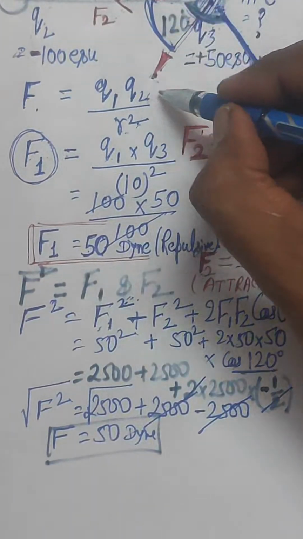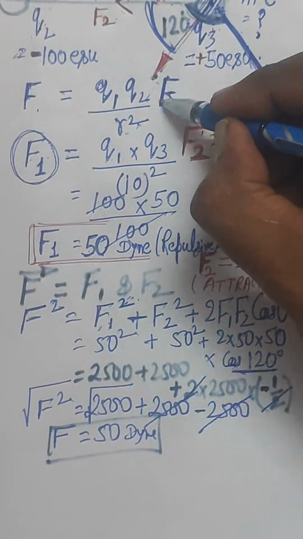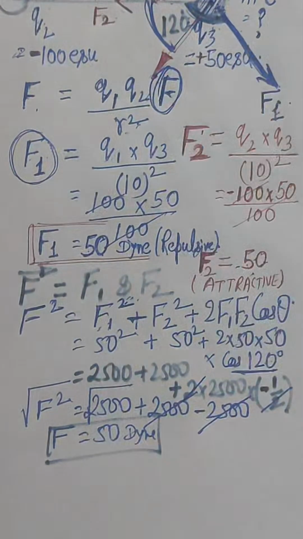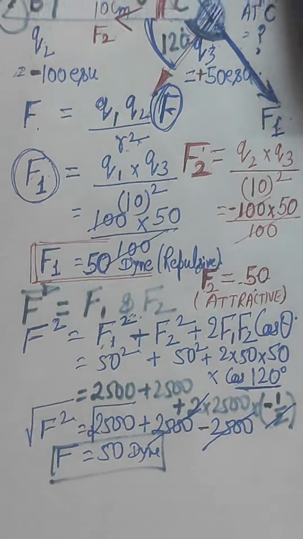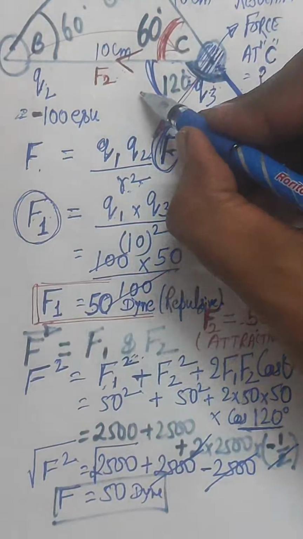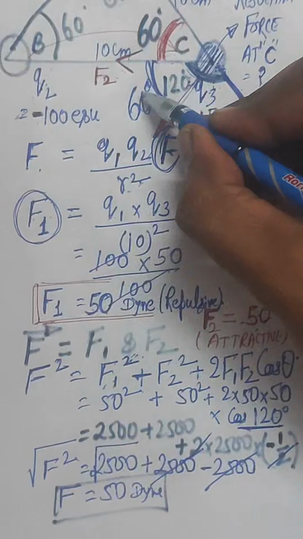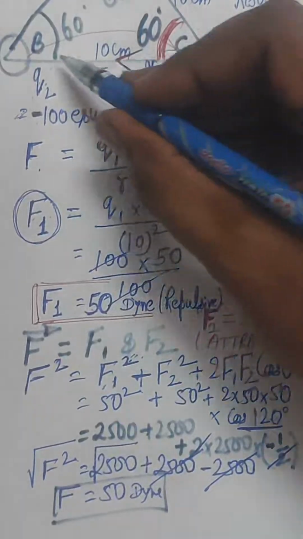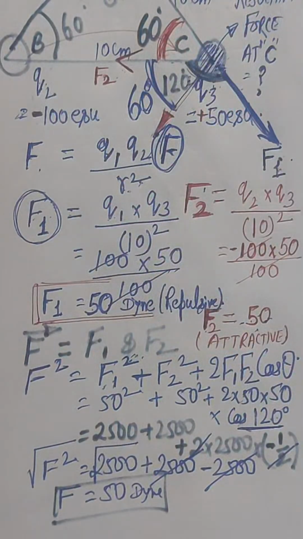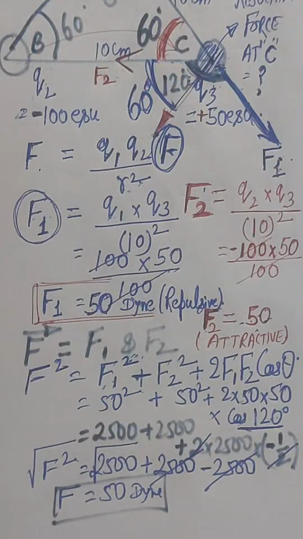So we can say, if this is the resultant force F, then the force will be acting at an angle of 60 degree from one of the edges of the triangle, that is BC, right?